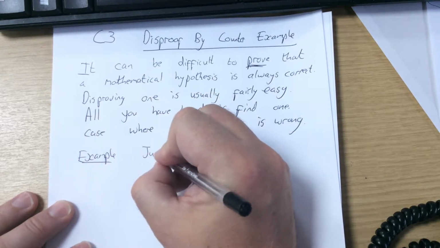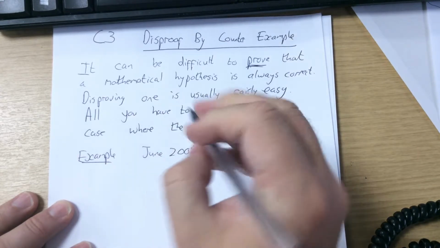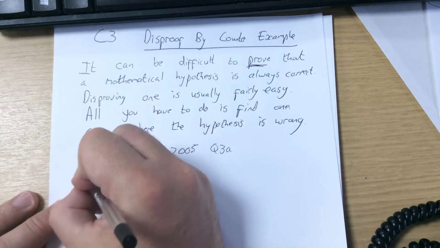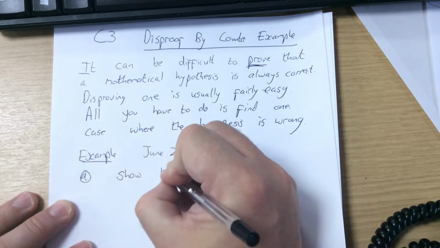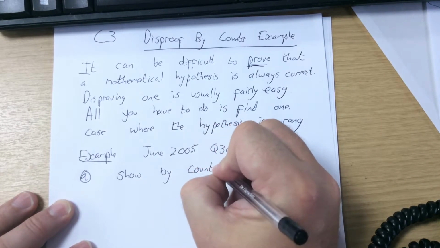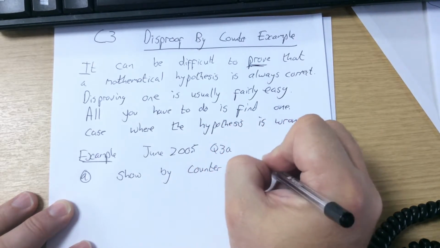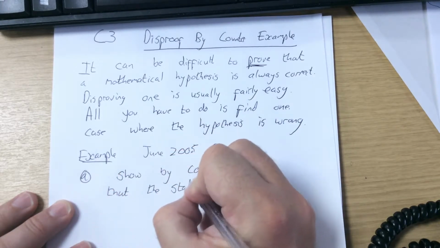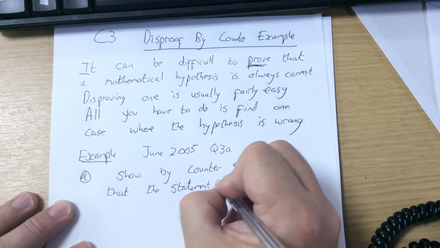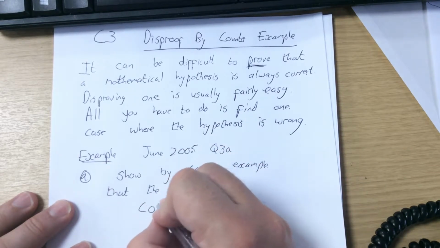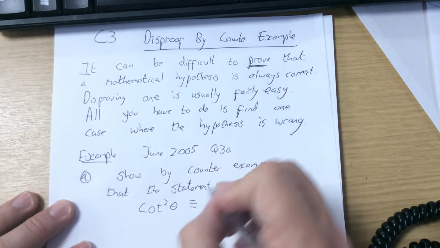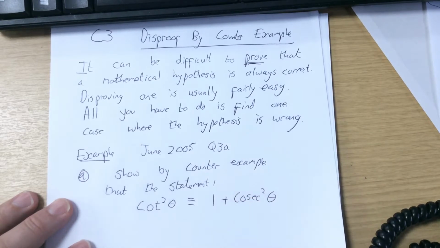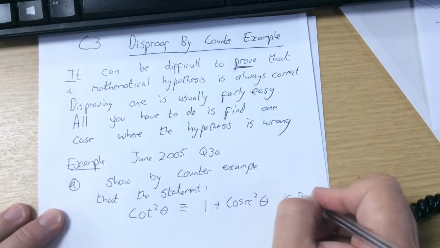So, as an example, this is going to be June 2005 we'll start with. There's question 3A if you want to know the exact question. Show by counter example that the statement cot squared theta is equivalent to 1 plus cosec squared theta is false.